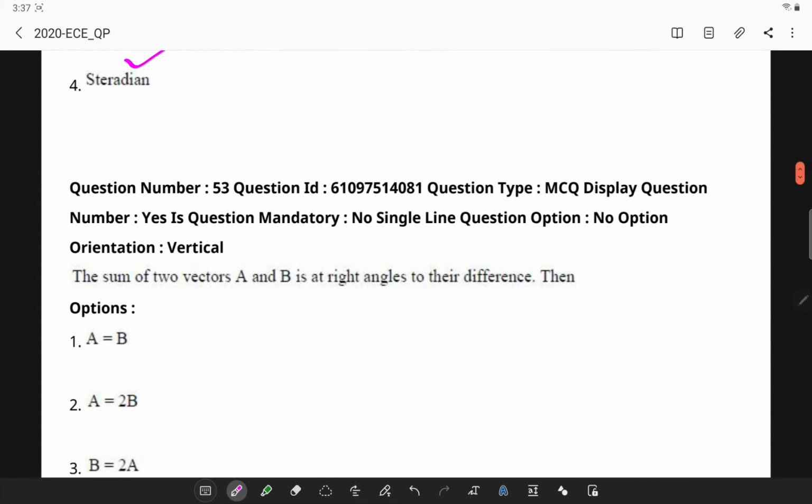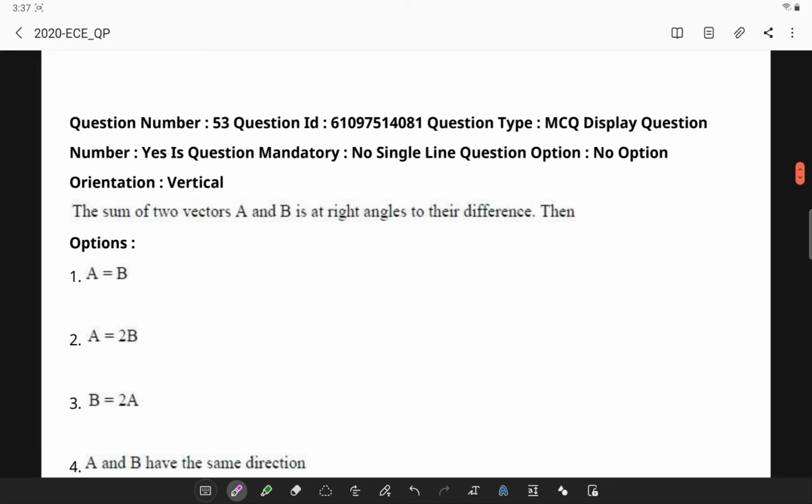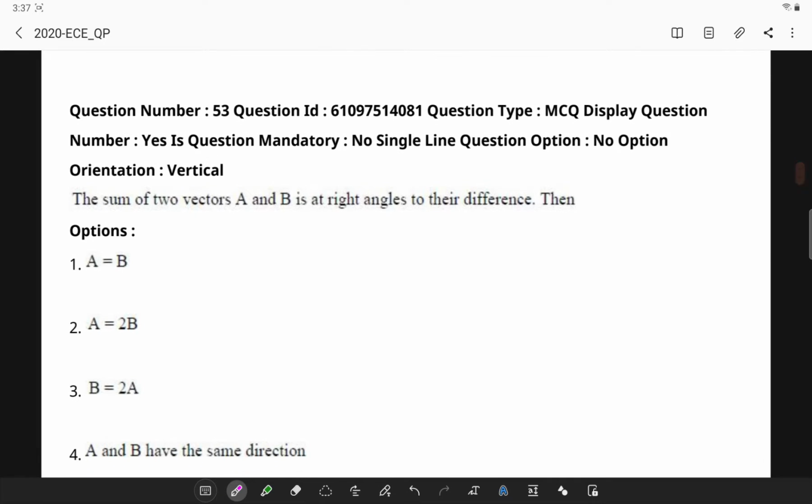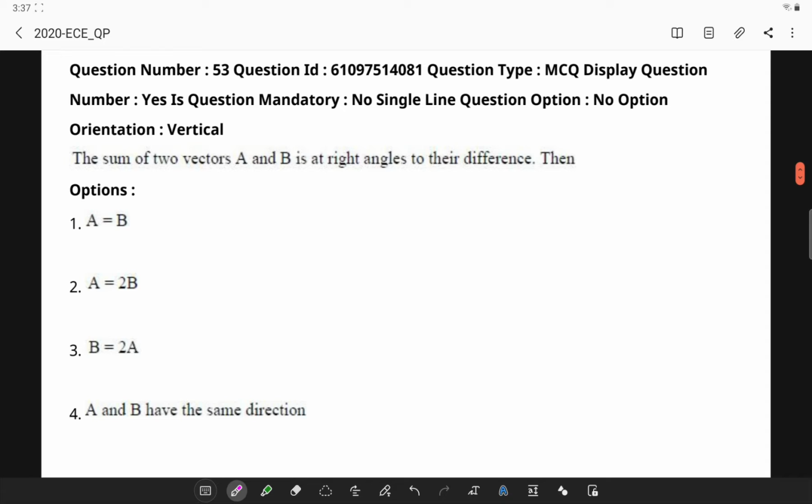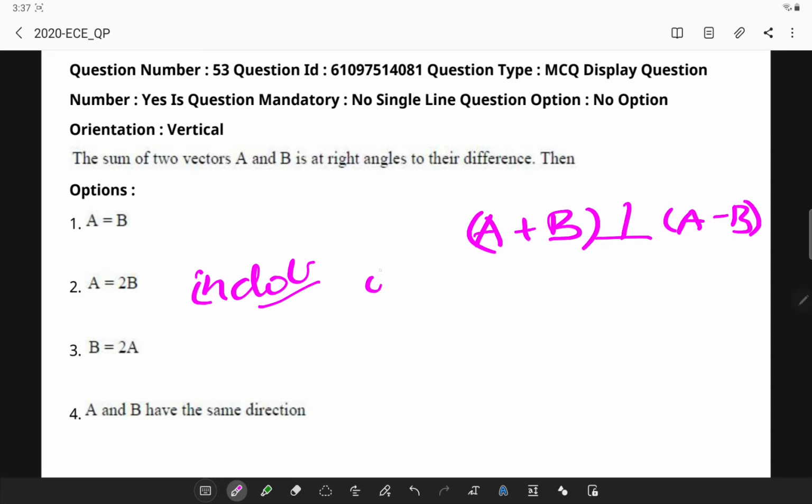Next, the sum of two vectors A and B is at right angles to their difference. Given A plus B is perpendicular to A minus B, in dot product, if two vectors are perpendicular, then P dot Q is 0.